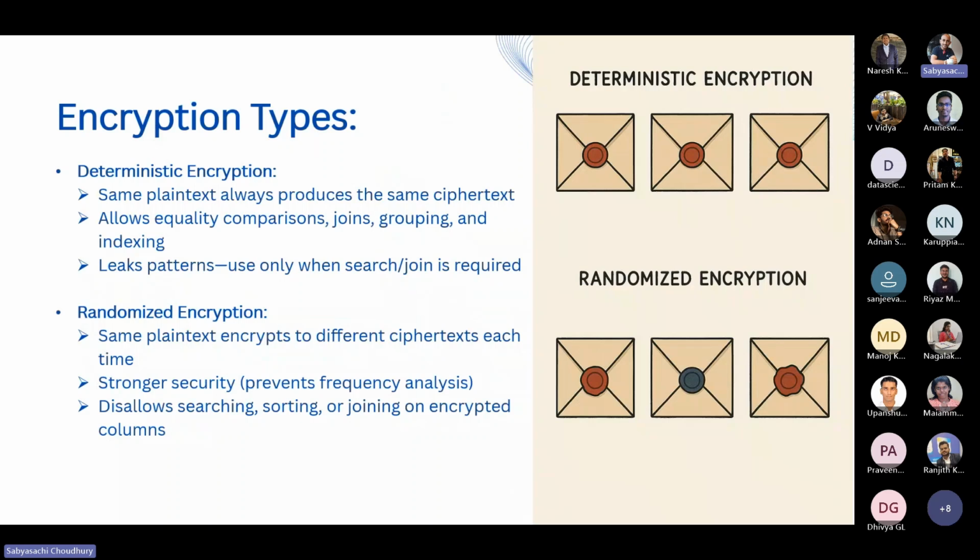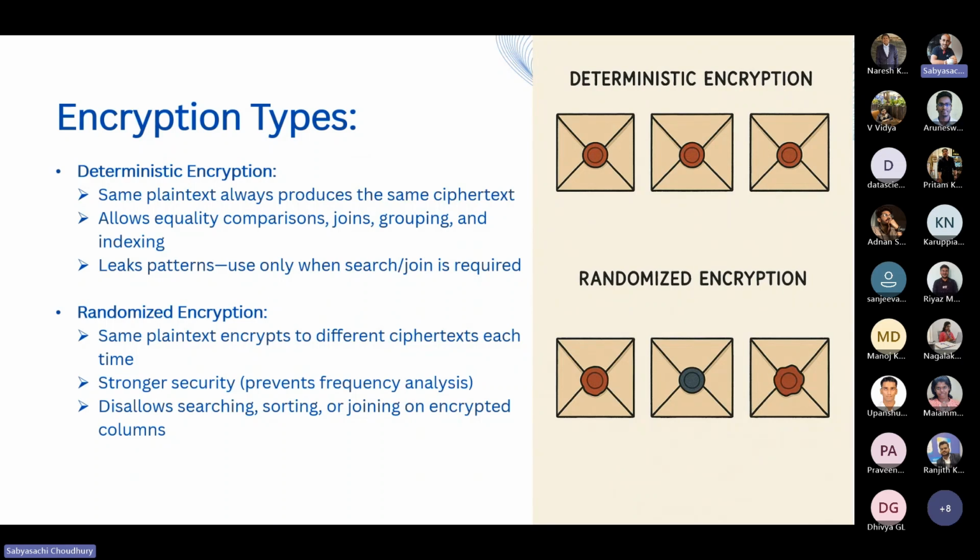So now we'll understand the encryption types. There are two types of encryption, deterministic and randomized. Deterministic gives you the same encrypted text for the same input every time.